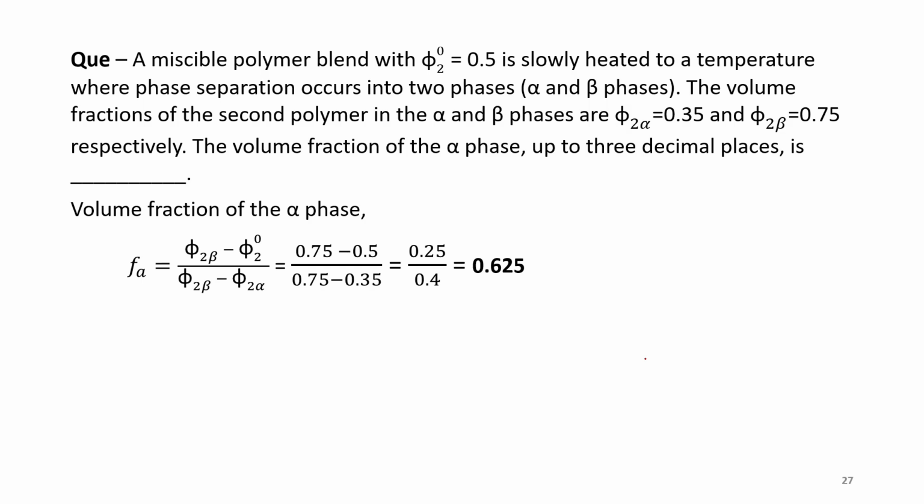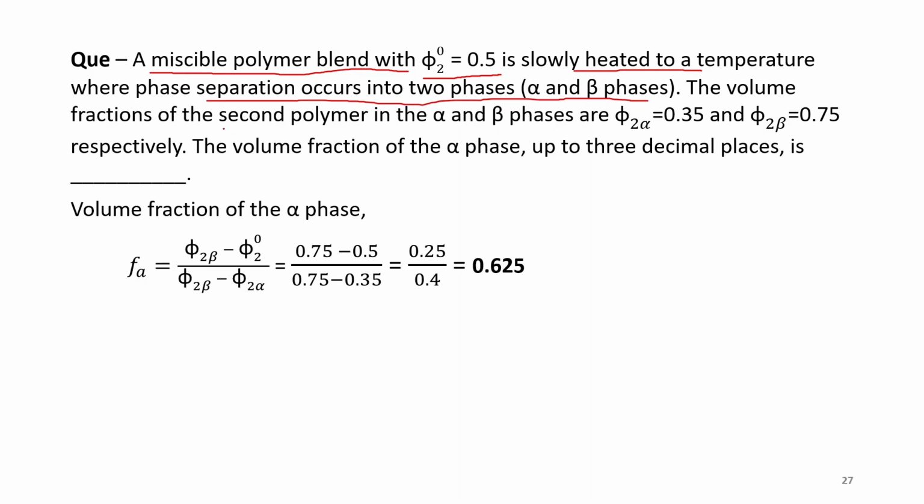So let's calculate the next question, which is saying that the miscible polymeric blend, which has phi 2 naught equal to 0.5, is slowly heated to a temperature, and the phase separation will occur into two phases, which are alpha and beta.